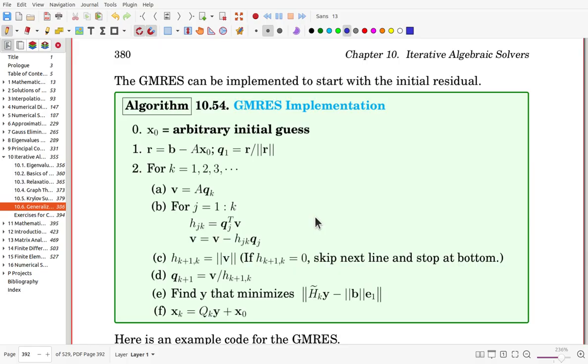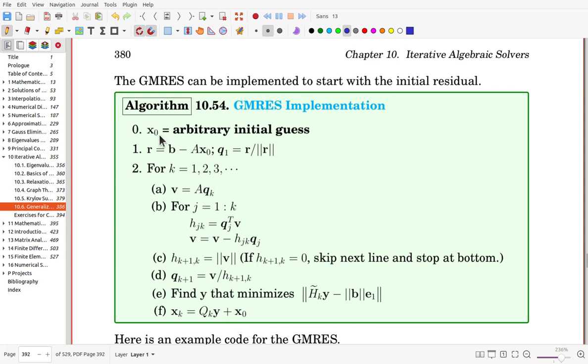Now this implementation is with an arbitrary initial guess. Sometimes you may have a really good approximation for x, so x0 can be a good approximation. Then here Q1 is from the normalized residual for x0. So it is almost the same, but you always have to put this in for arbitrary initialization.